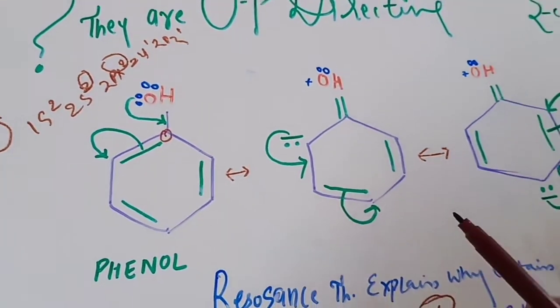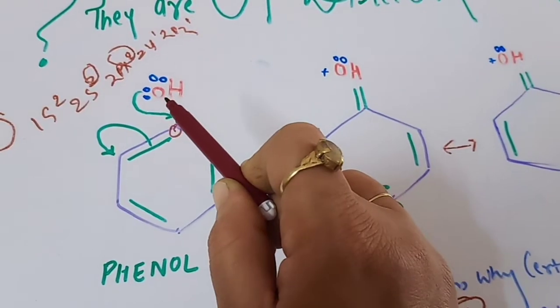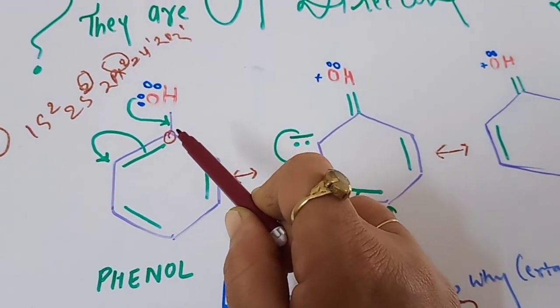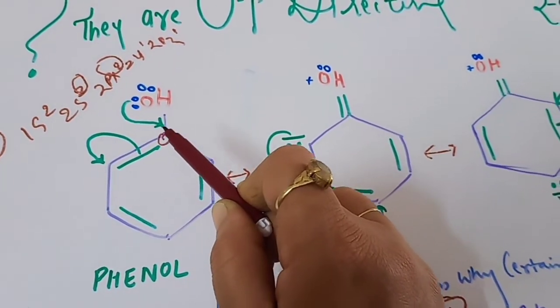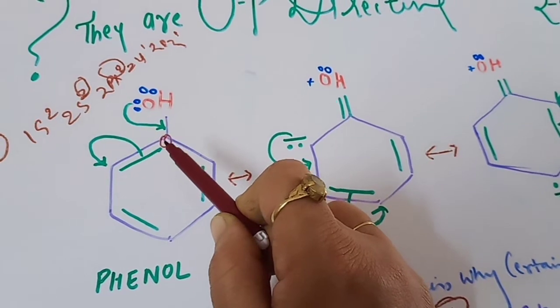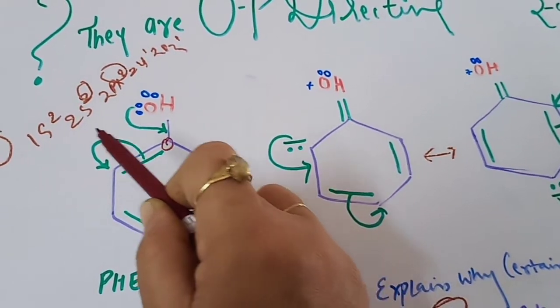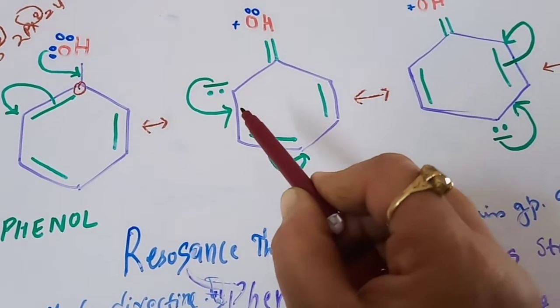So in the structure, first the electron movement starts from the oxygen. The lone pair of electrons comes inside the ring, so there will be one double bond here. To balance the valency of the carbon, one electron pair moves from inside the ring to the outside. In the second structure, one electron pair is outside.